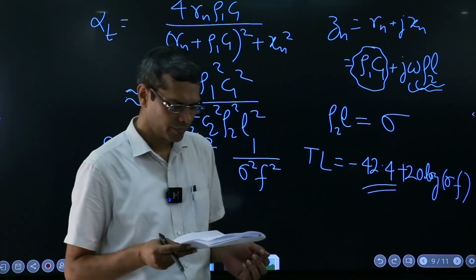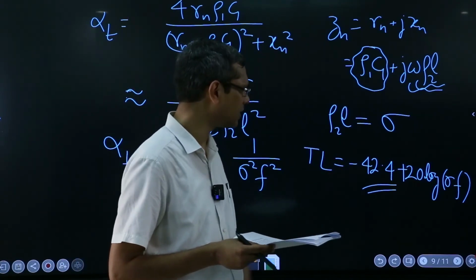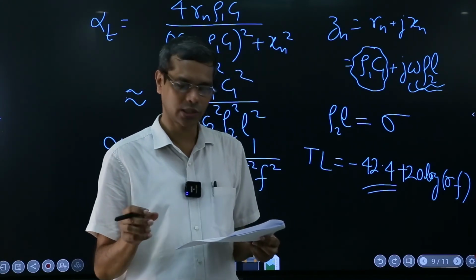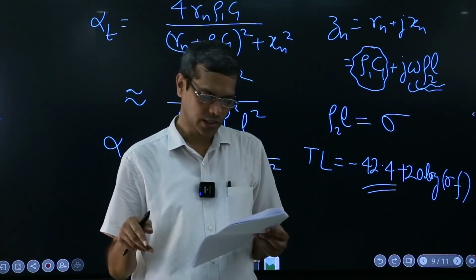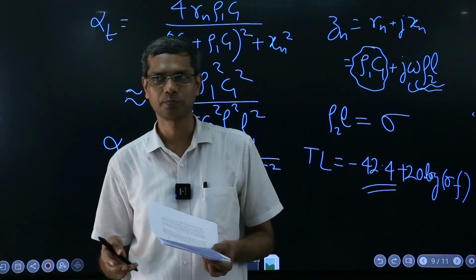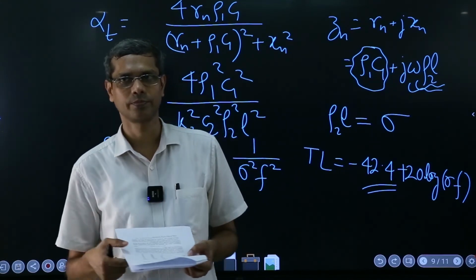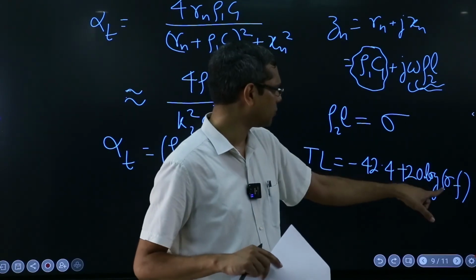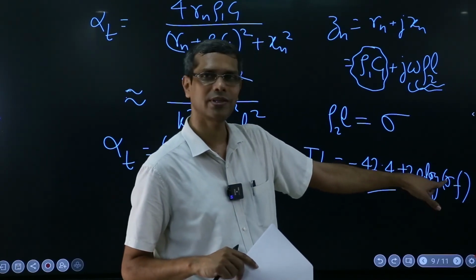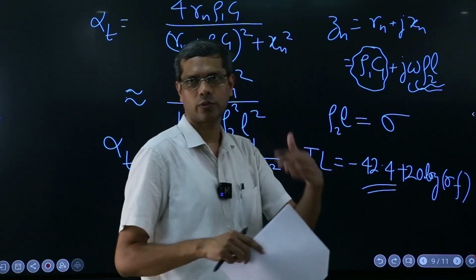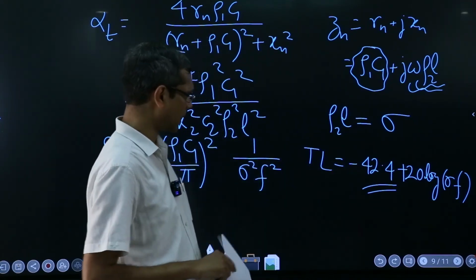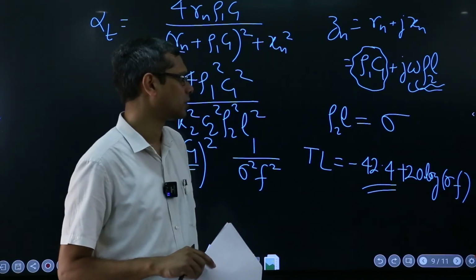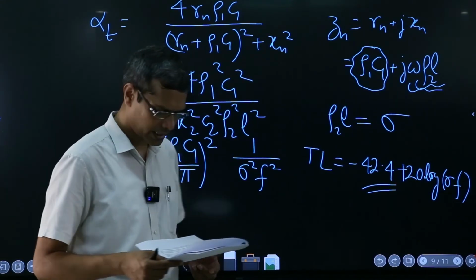Okay, because the density is such, and a 4-inch thick concrete wall at 500 hertz will give you 45 dB reduction. So all those things you can simply calculate from here if you just know the surface density, kg per meter square, of any material. So that's how you can calculate.